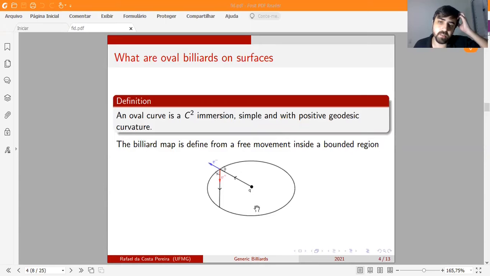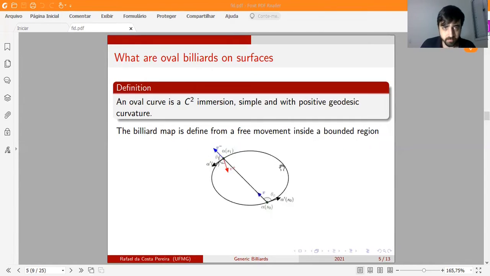We consider the same problem, like a free movement inside a bounded region. We move along geodesic lines inside the billiard, and we can define a twist map if we consider the angle and the point of collision.